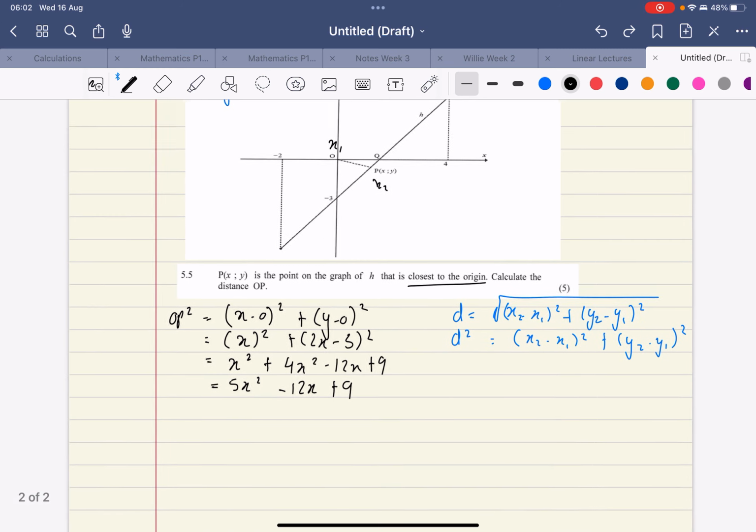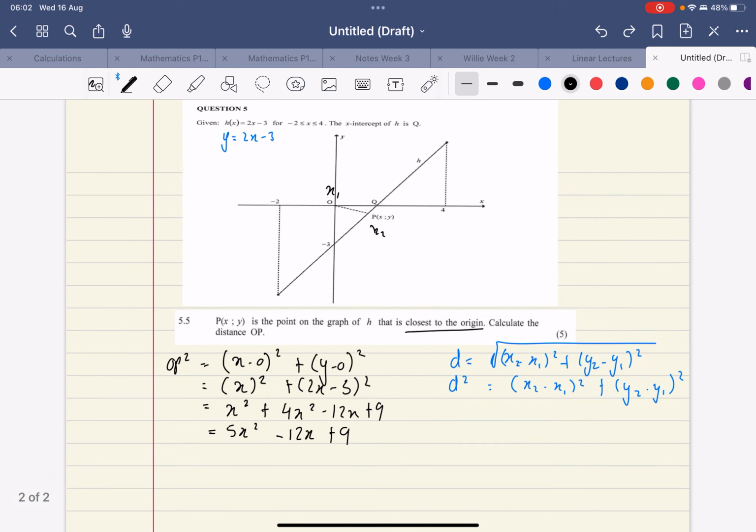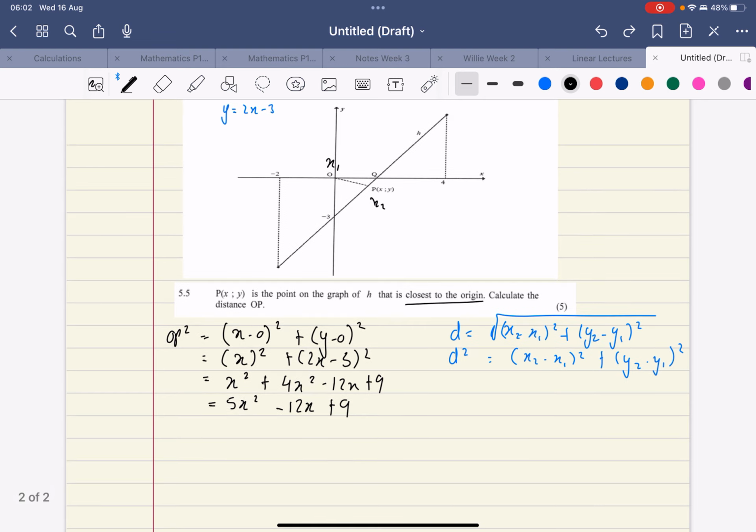Okay, so what does that mean? Well, it means we need to take the derivative of OP squared, set it equal to 0, and then that will give us the x for which the expression for OP squared is minimized. Okay, so d(OP squared)/dx is equal to 10x minus 12.